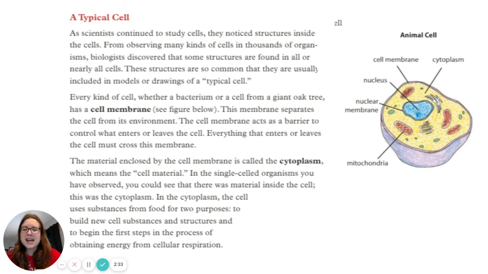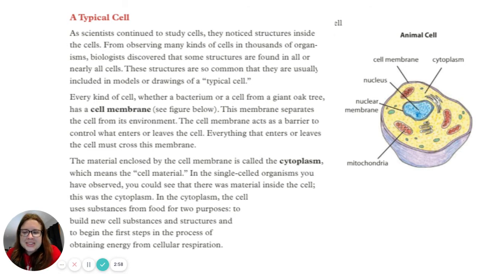From observing many kinds of cells in thousands of organisms, biologists discovered that some structures are found in all or nearly all cells. These structures are so common that they are usually included in models or drawings of a typical cell. Every kind of cell, whether a bacterium or a cell from a giant oak tree, has a cell membrane.